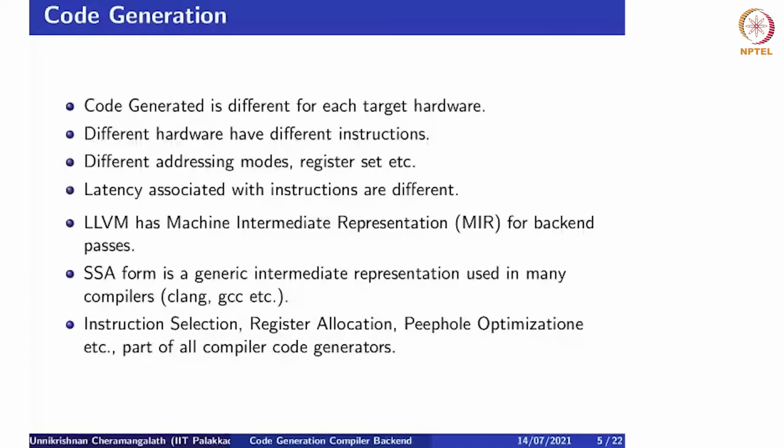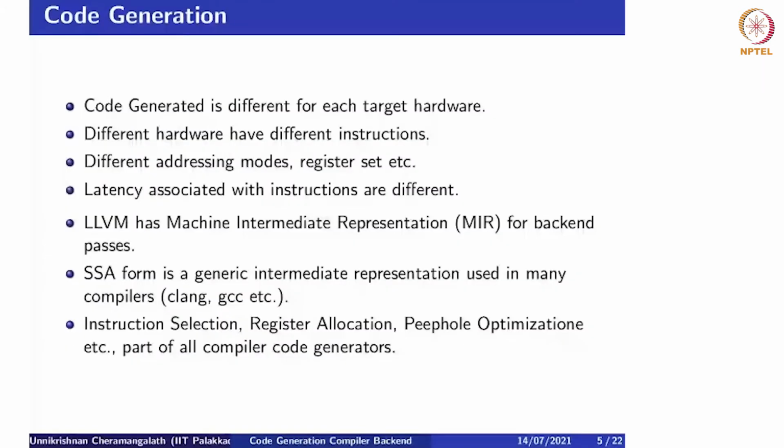This is generic to all compilers, even Clang or GCC. So in this first part, I'll cover concepts of register allocation and peephole optimization, independent of a tool like LLVM.